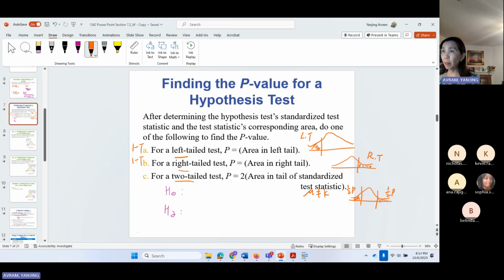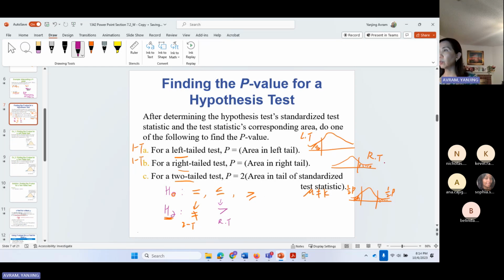When you write down the null hypothesis, remember, null always has an equal sign, right? Equal to, less than or equal to, or greater than or equal to, it always has an equal sign. And then you pair it with the alternative one. If the null has an equal, your alternative will be non-equal to, and that will be the two tail. So when you look at one tail or two tail, you always look at the alternative one, okay? If you have less than or equal to, your complementary will be greater than, and greater than is a right tail test.